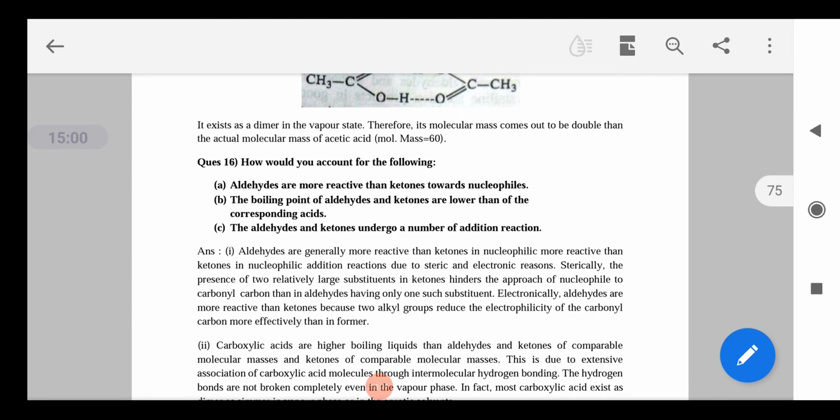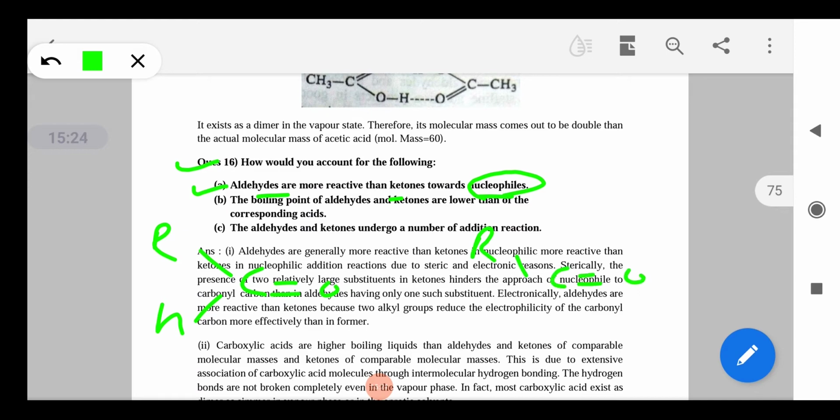Question number 16. How would you account for the following? Aldehydes are more reactive than ketones toward nucleophiles. Nucleophiles here means toward nucleophilic addition reaction. Okay, you see here, this is the structure of aldehyde in which there is only one alkyl group, and this is the structure of ketone in which two alkyl groups are there.